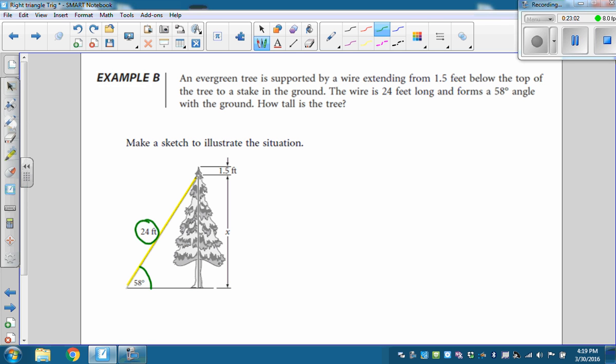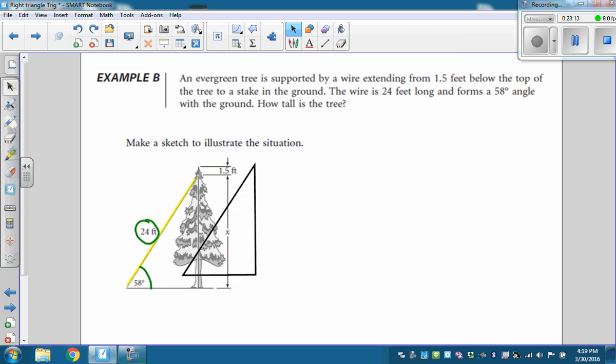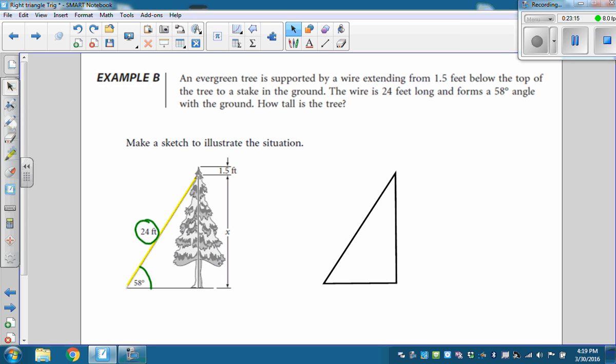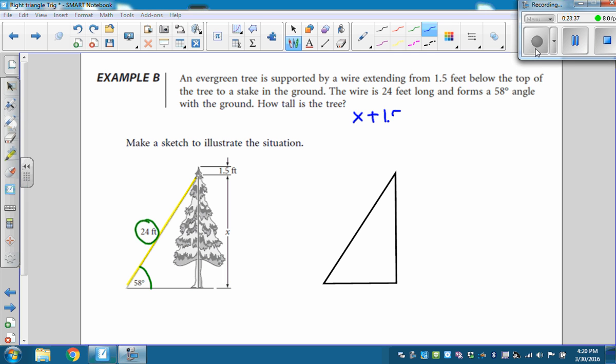The way I would look at this is I would just think of a triangle outside of the picture, just to keep things simple. But remember that in the end, my final answer, the height of the tree, is going to be whatever I figure out for x plus the 1.5.